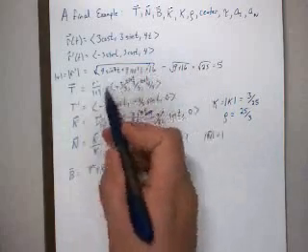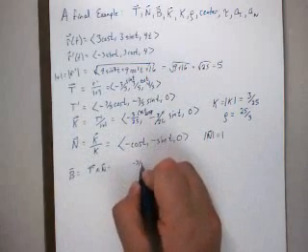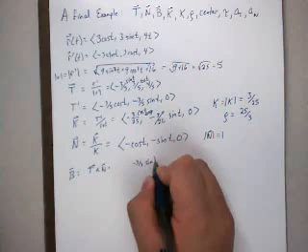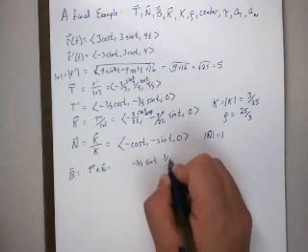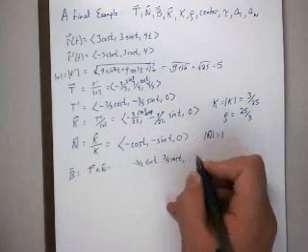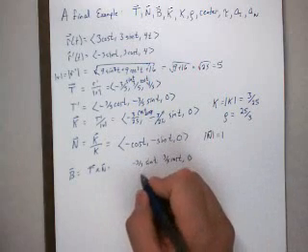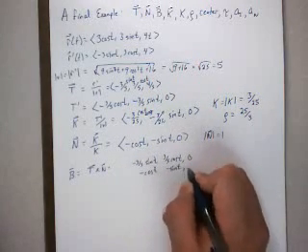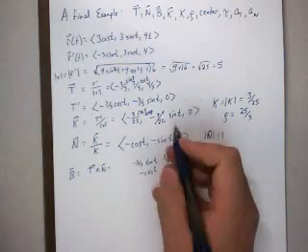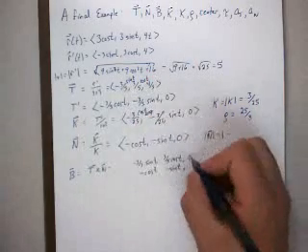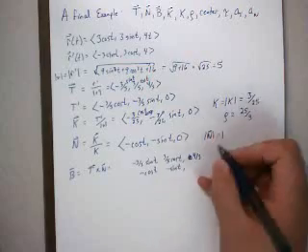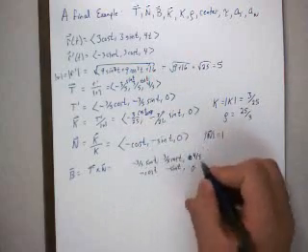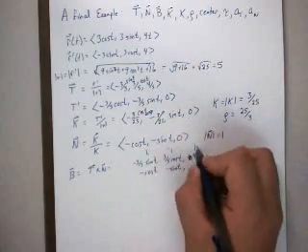To get B, I take T cross N. So we'll grab T, which is negative 3/5 sine t, 3/5 cosine t, and 4/5. N is negative cosine t, negative sine t, and 0, and then I need i, j, k.